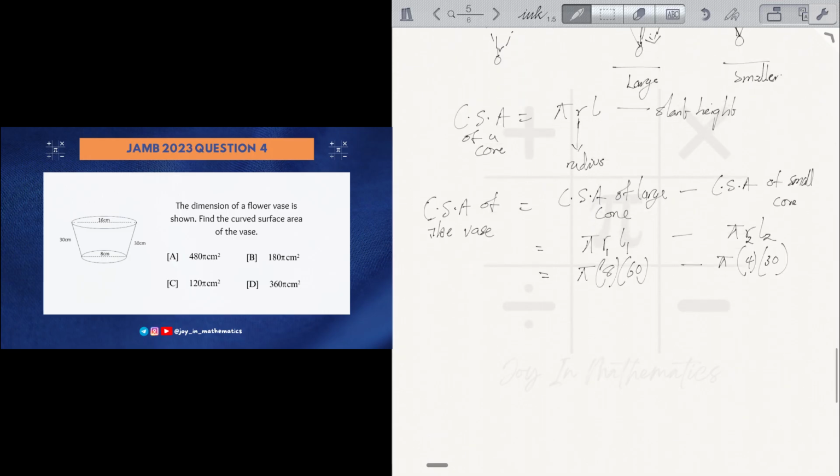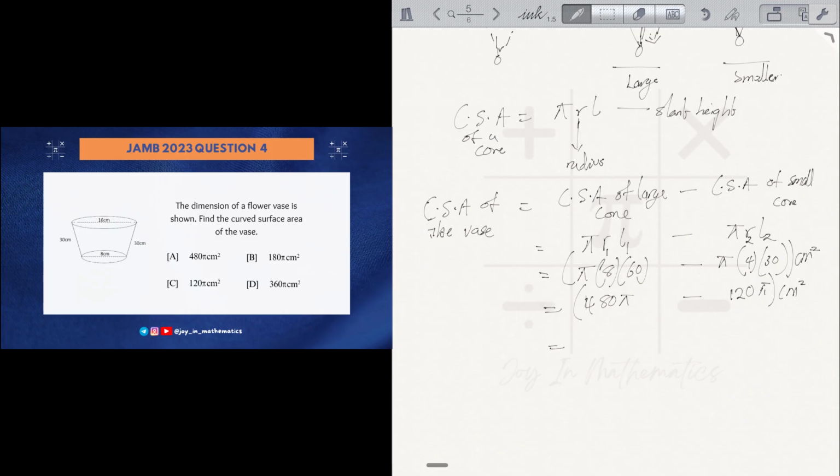So with that, 8 pi multiplied by 60, we will have 480 pi, and 30 multiplied by 4 multiplied by pi will give us 120 pi. Remember the units, we are dealing with centimeters, and this will be centimeter squared.